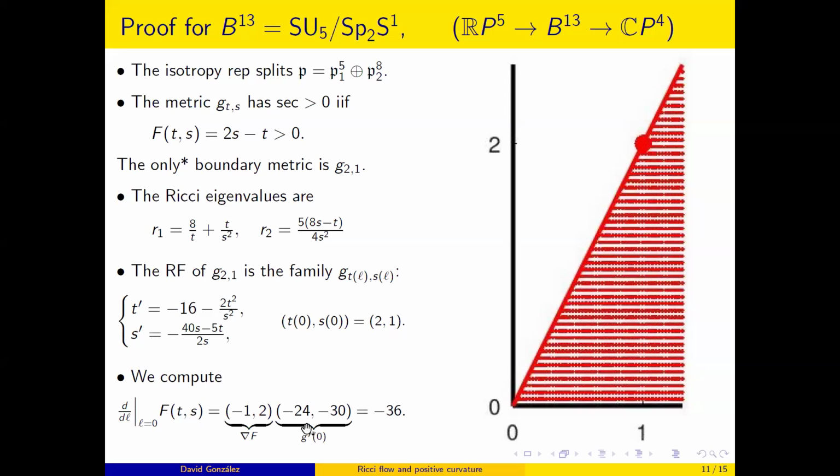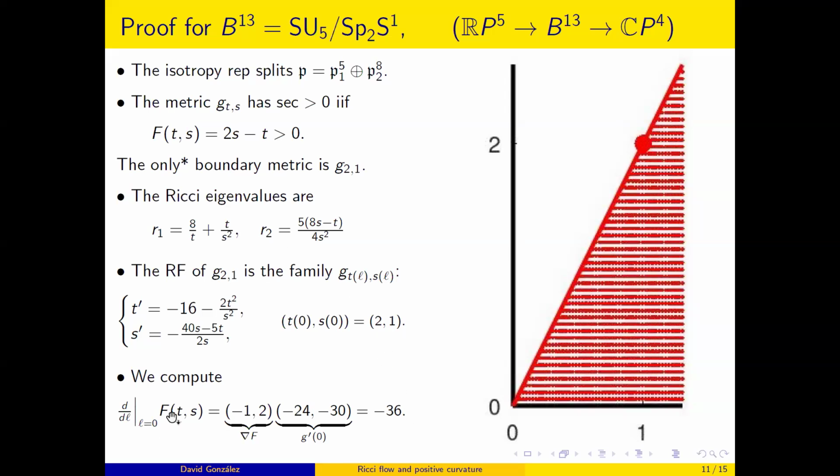To compute it, we just use the chain rule. This is the gradient of f, where f is this function. It's very easy. You plug in these two derivatives evaluated at (2, 1). You work out the numbers and you get a minus here. So this is negative, right?